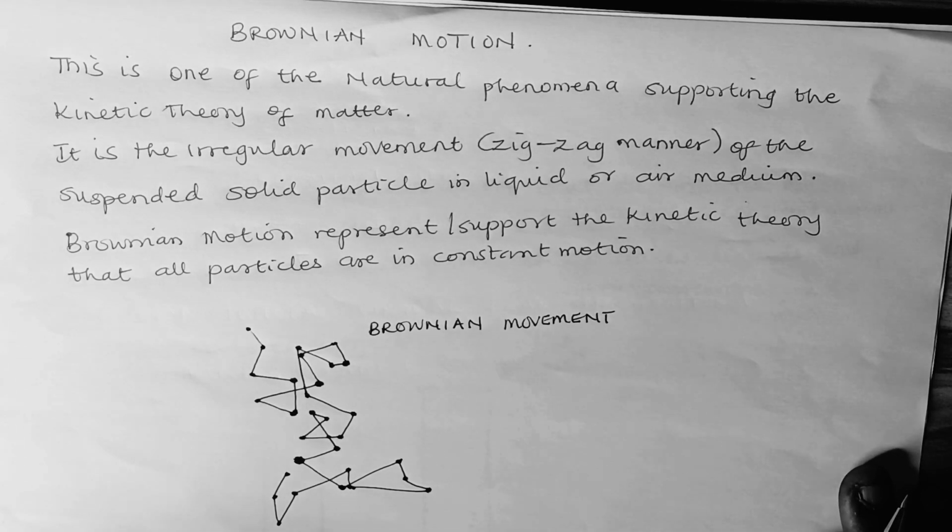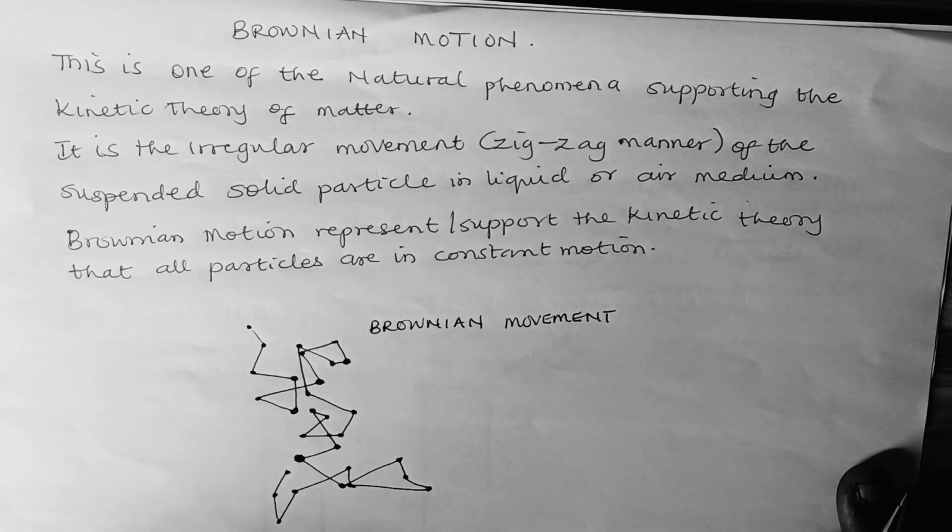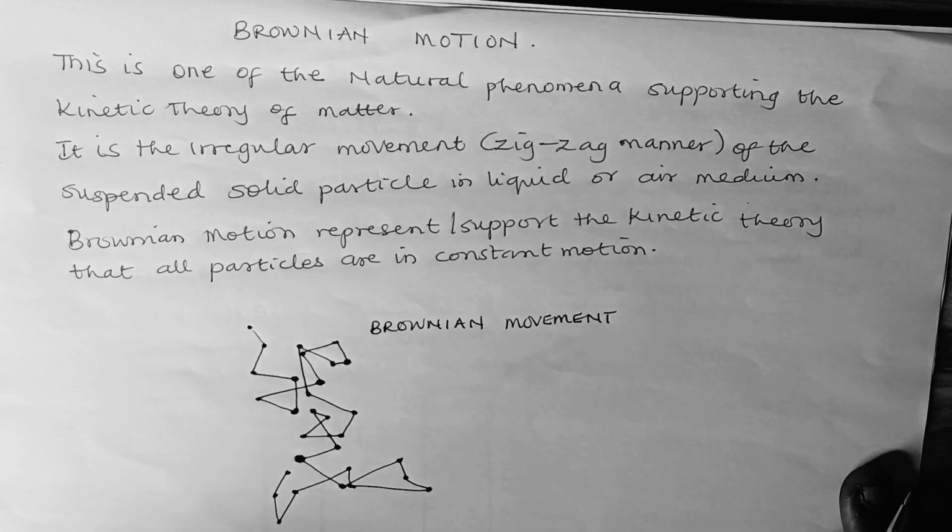There are some natural phenomena around us that support that the particles of solids, liquids, or gases are always moving continually, colliding with themselves and with the wall of their container. One of these natural phenomena that supports the kinetic theory of matter is Brownian motion.